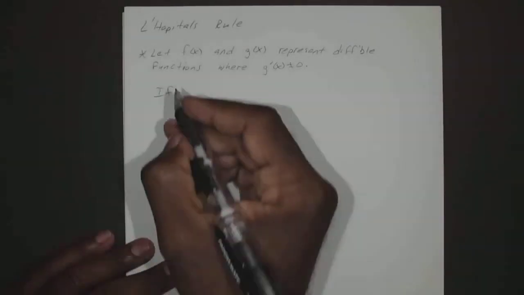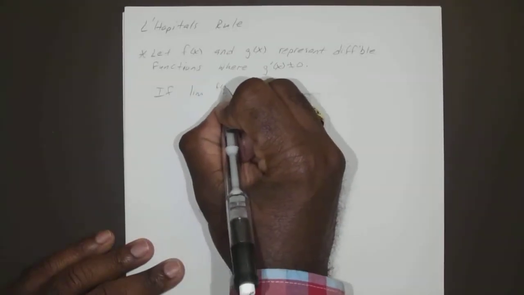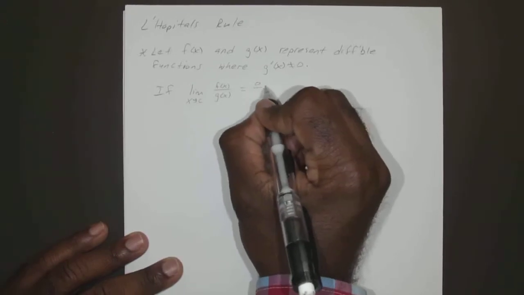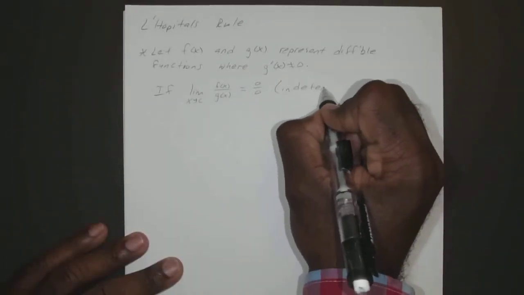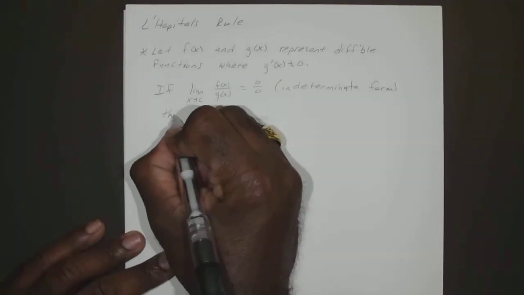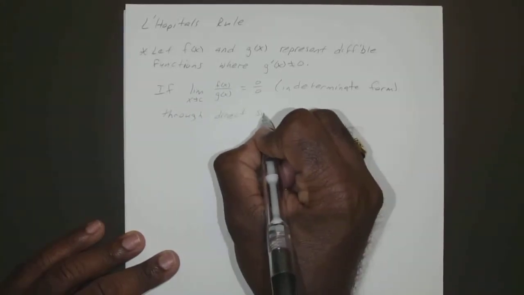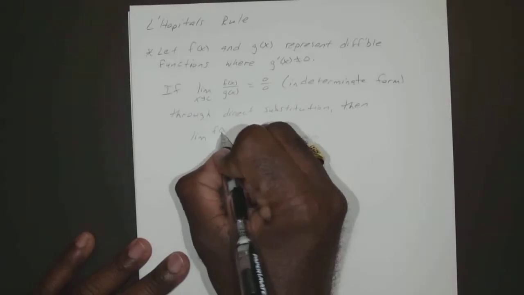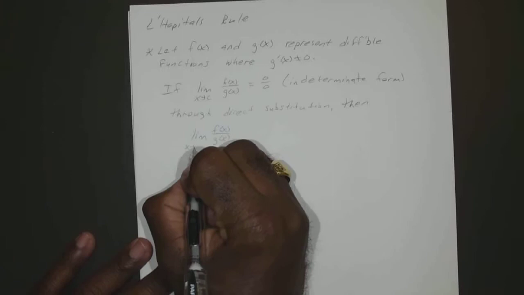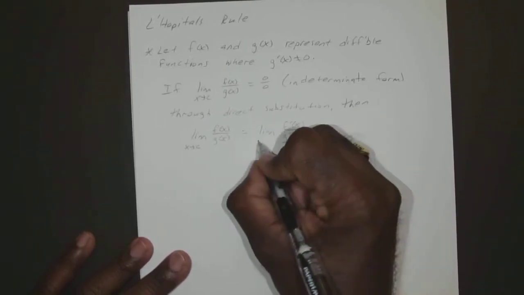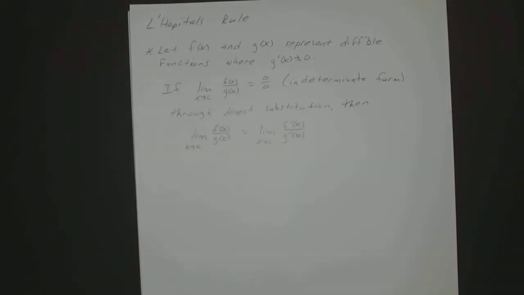Now, if you happen to get the indeterminate form, let's say f of x over g of x as x approaches some value c, and you end up getting 0 over 0 just through direct substitution, then the limit of f of x over g of x as x approaches c is equal to the limit of f prime of x over g prime of x as x approaches c. So in other words, just apply the derivative to both your numerator and denominator.